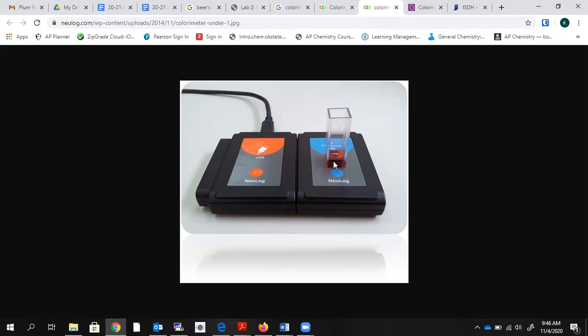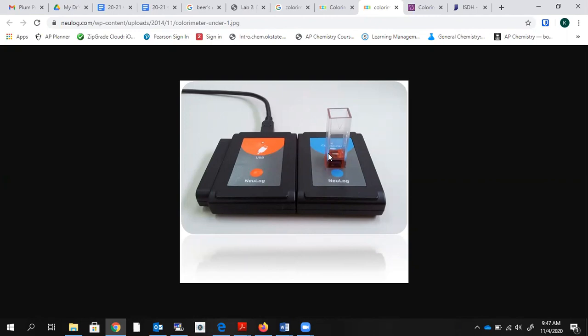So in this case, this sample looks sort of reddish orange to me, which means that we would actually want to measure this sample in green wavelengths. Because if this sample is reddish orange, that means that it is absorbing all of the other wavelengths, but only transmitting or only reflecting those red-orange wavelengths back to us.